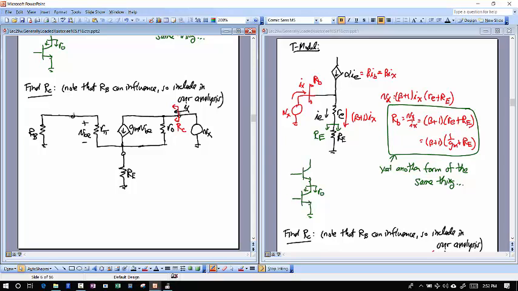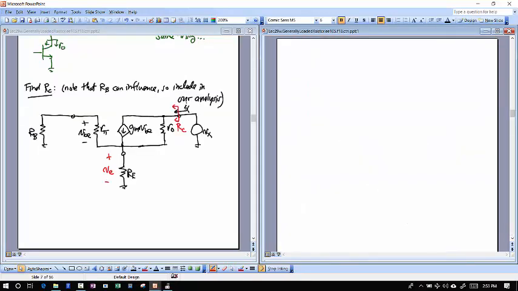And so let's start doing the same kinds of analyses that we've been doing here. So let me call this voltage V little e. Why don't I do the analysis on the next page? And so I could say that my total voltage Vx is going to be the total voltage drop across all of these things here.